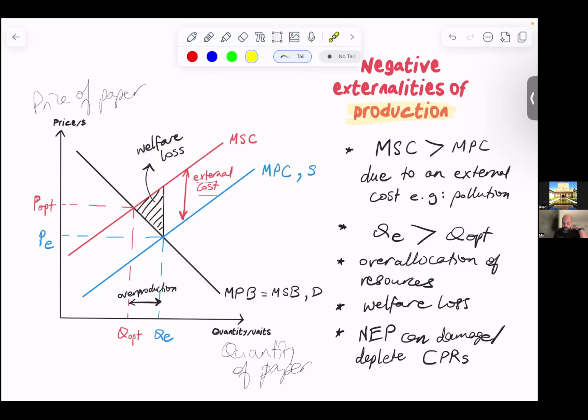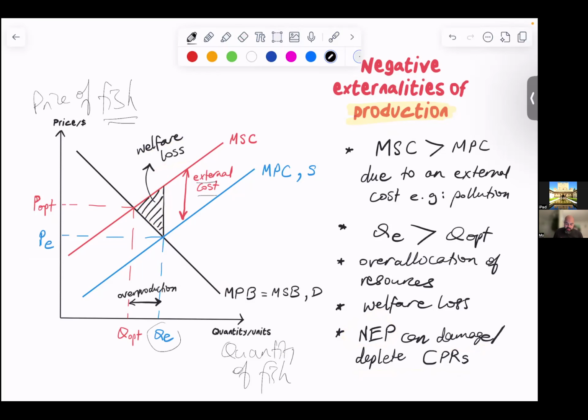Okay, now remember, negative externalities of production can damage and deplete common pool resources. You can't really represent a common pool resource using a diagram, but you can represent the negative externality of production that's damaging that common pool resource. So for example, you can't really say price of ocean and quantity of ocean, but you can draw a diagram for fish, price of fish and quantity of fish.